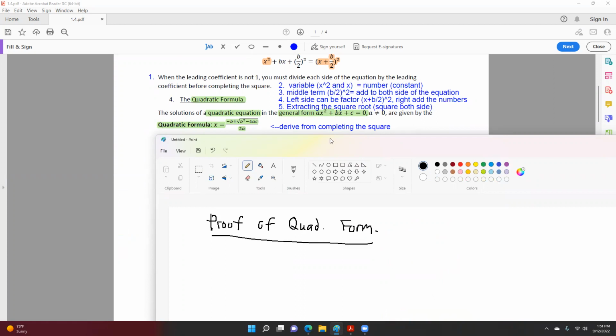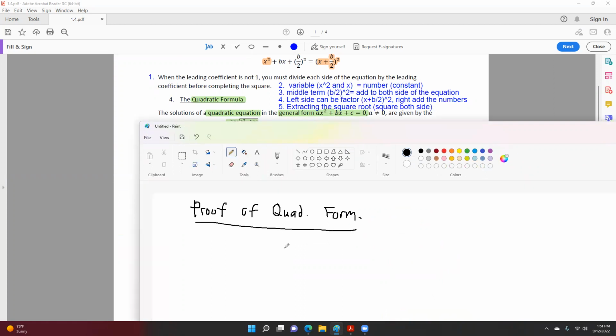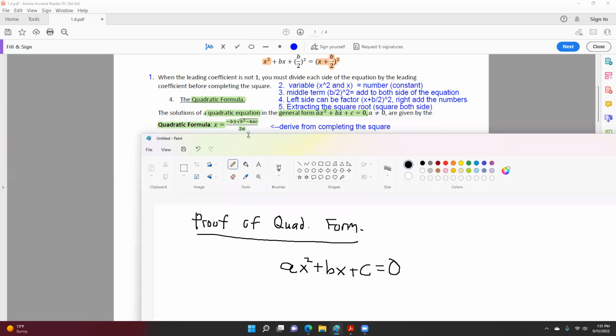We have the general form, ax squared plus bx plus c equals 0. You do not need to know this proof, but I want to tell you that all the mathematics formulas you know do not come from the Bible or God or wherever; they come from proving.